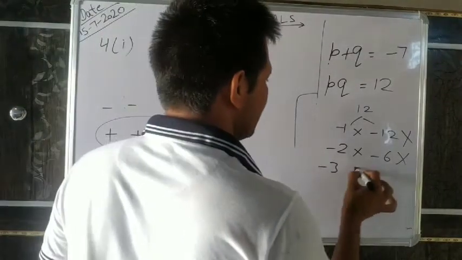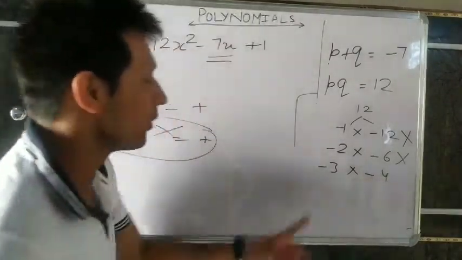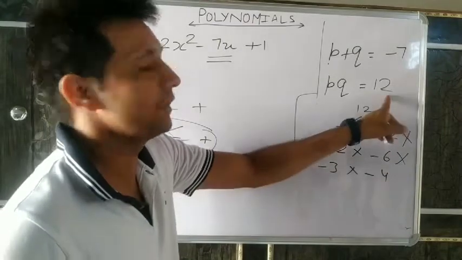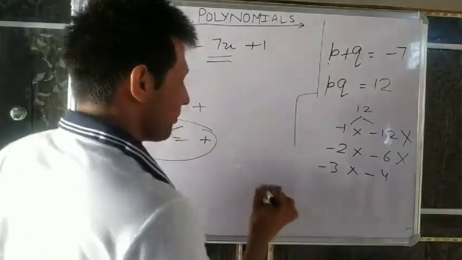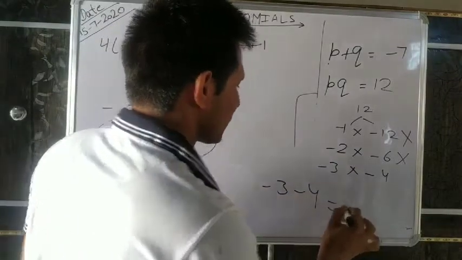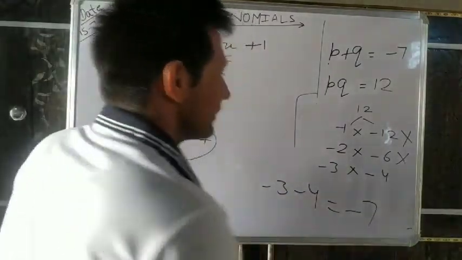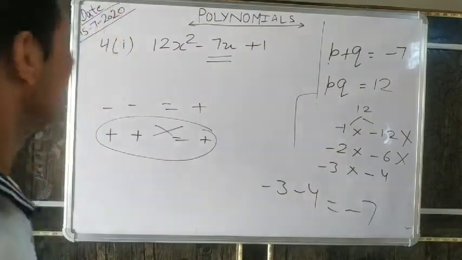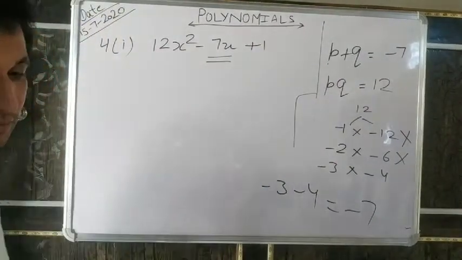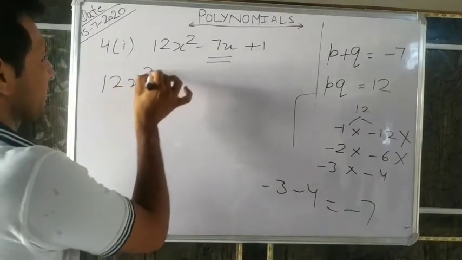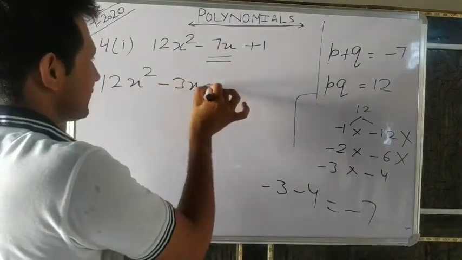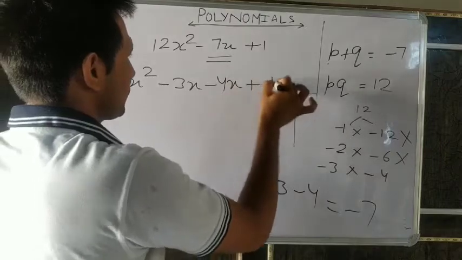Next, minus 3 multiplied by minus 4. Minus 3 into minus 4 is positive 12. Now what is the sum of minus 3 and minus 4? Minus 7. So the two numbers are minus 3 and minus 4. Understand? So we will write 12x² − 3x − 4x + 1.